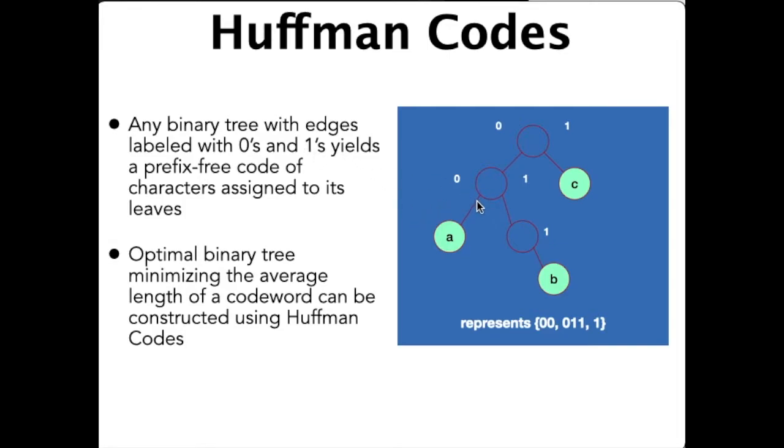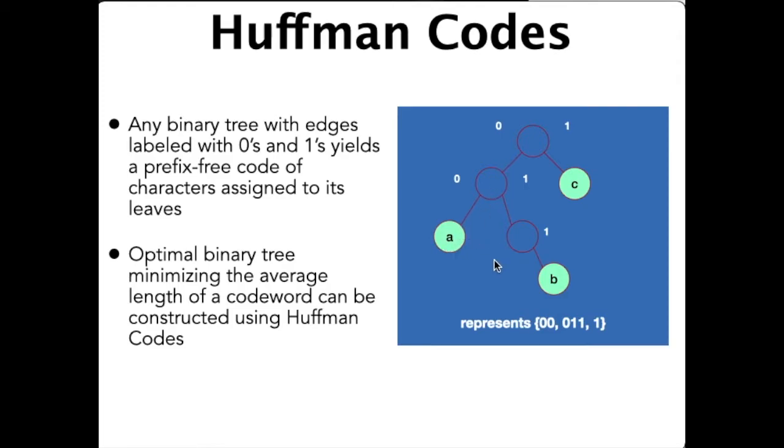When it's a left edge, it is labeled as 0. When it's on the right, it's labeled as 1. And then the leaves of the binary tree are the character symbols that we are trying to represent. To read the corresponding code word for symbols A, B, and C, we just need to traverse the binary tree from the root to the leaf.